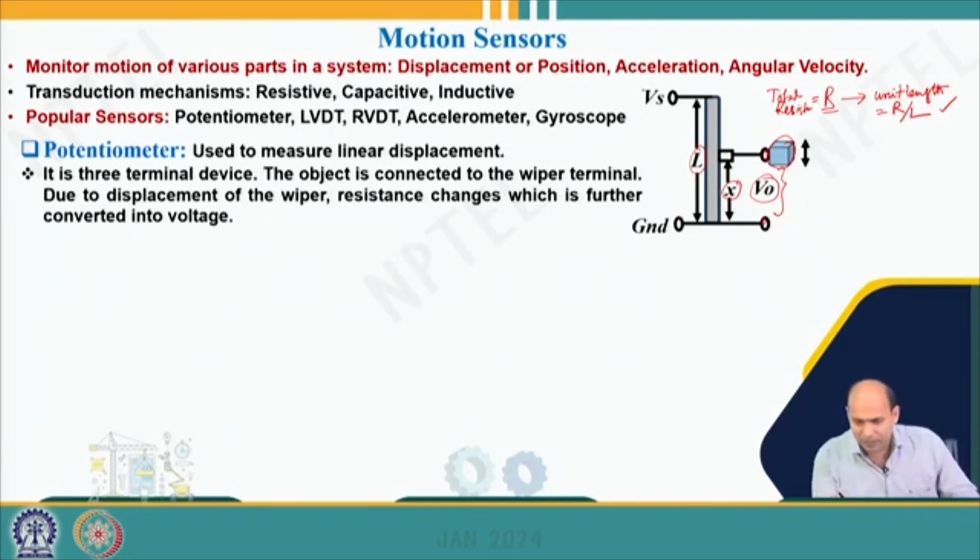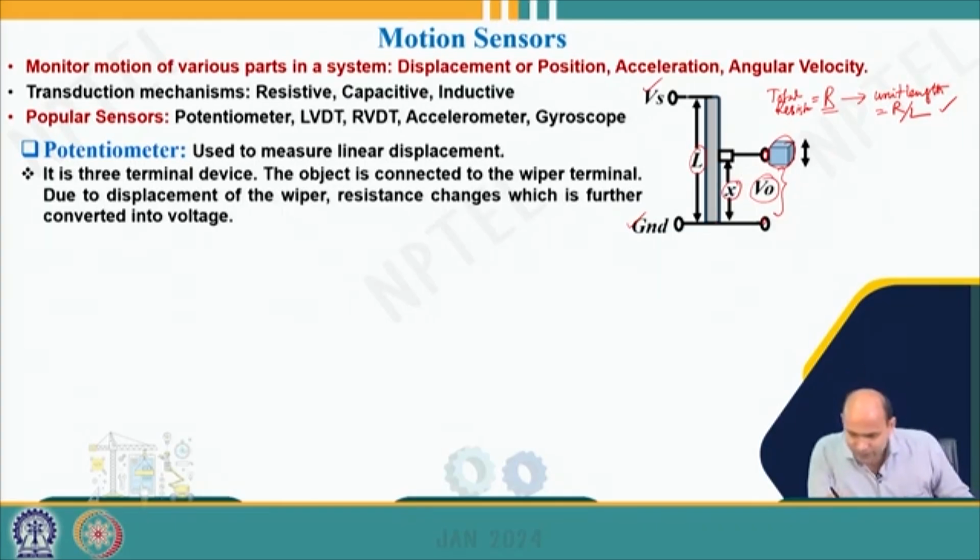So if I have the supply voltage Vs, this one is the ground, and I measure the voltage V0 across this mid terminal and this terminal, then depending on the applied displacement of the object, the resistance across these 2 terminals will change, and as a result the output voltage will also change, is it not?